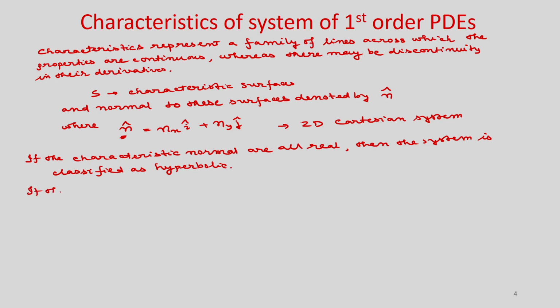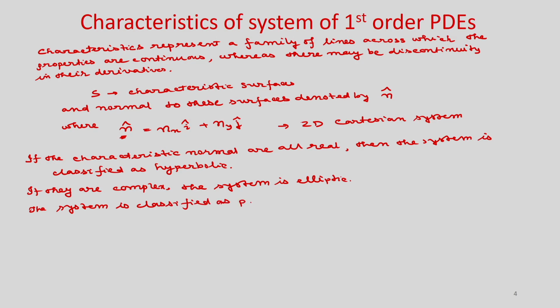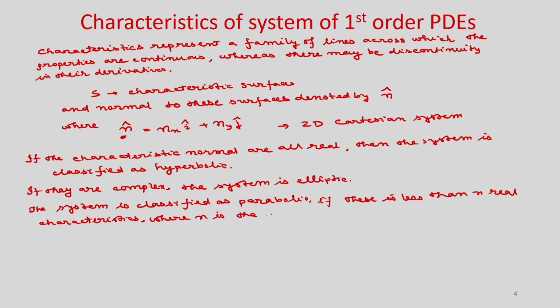If they are complex, then the system is elliptic, and the system is classified as parabolic if there are less than n real characteristics or repeated characteristics, where n is the number of PDEs in the system.